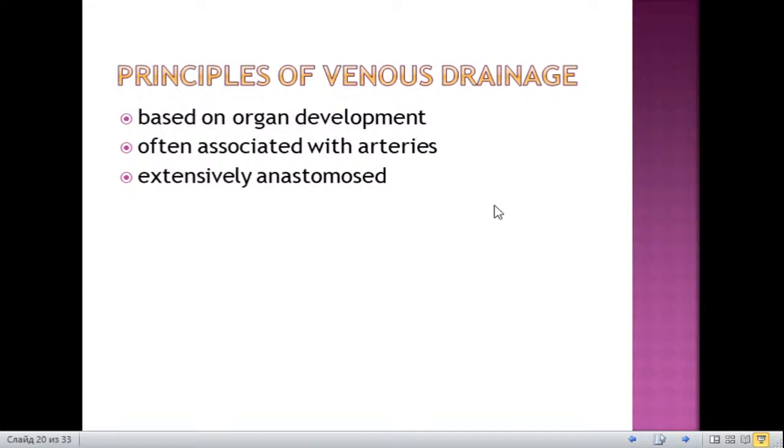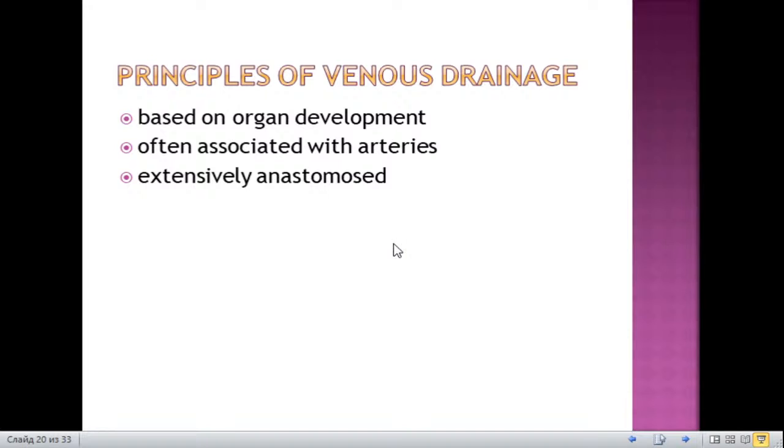So what are the general principles to understand this venous drainage? First one, like arterial blood supply, it is based on the organ development. After that, veins are often associated with arteries.